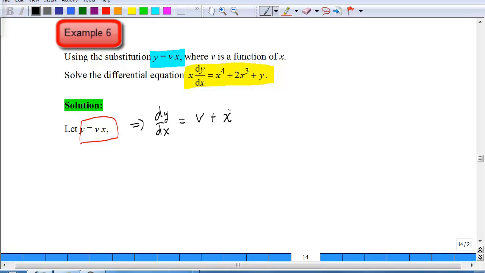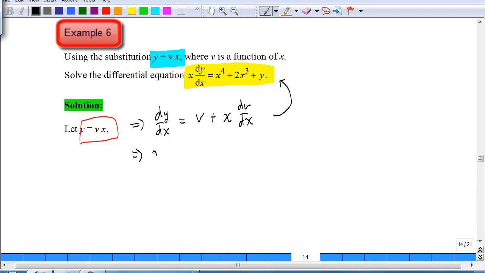Bearing in mind that v is also a variable, if you differentiate v with respect to x, you will have dv/dx. Putting this newly formed dy/dx into the equation, you would have removed the dy/dx from the original equation. So let's just do that.